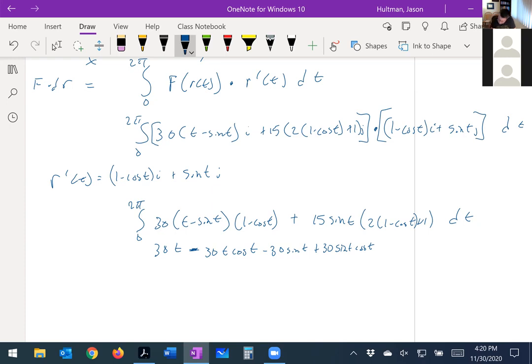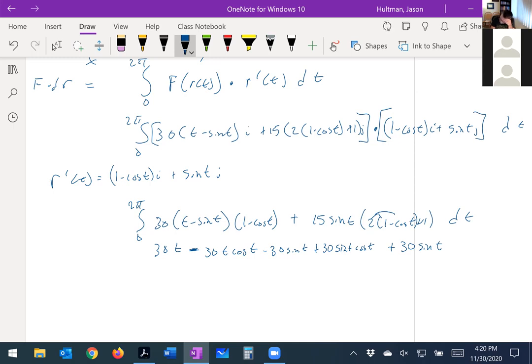The second one here, this will be distributed to 2. 2 plus 1 is 3. Is that right? Yeah. So this is going to be plus 15 sine t, that's 30. So 30 sine t.